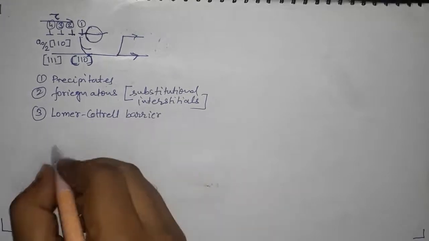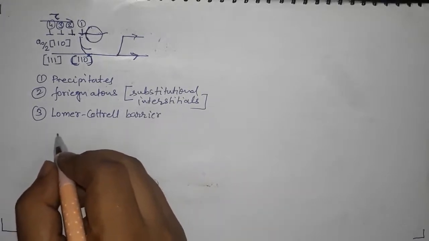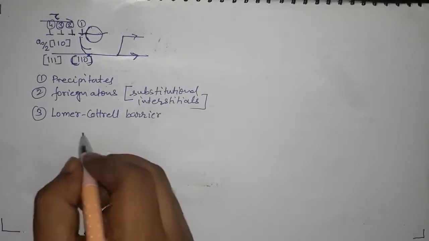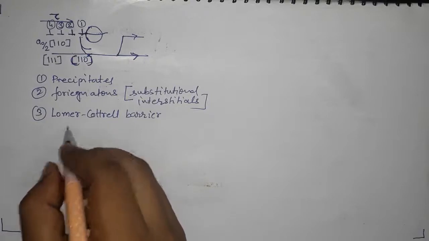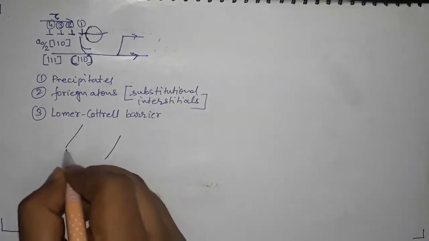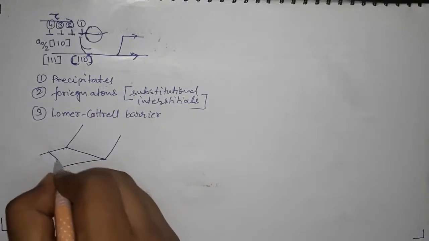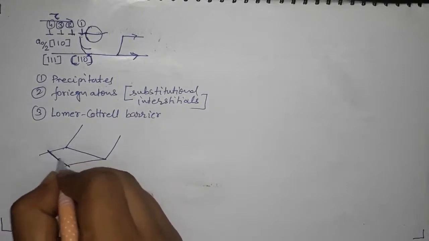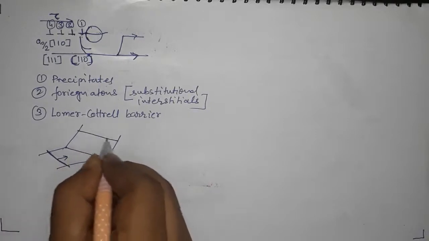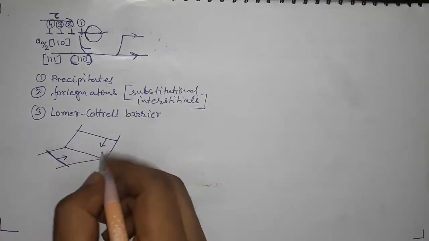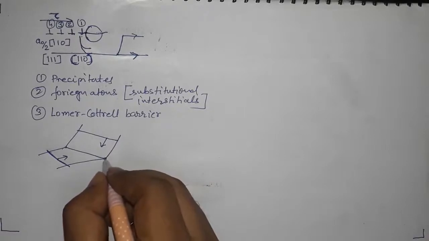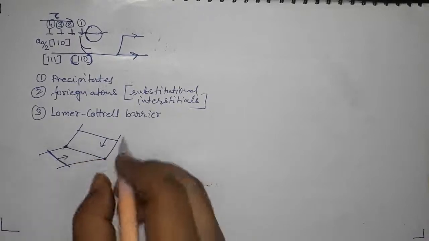We have discussed that when two 111 planes intersect each other, I have a 111 plane here and another 111 plane there, and a dislocation coming along this direction and another coming along that direction, and they will block at this intersection point.